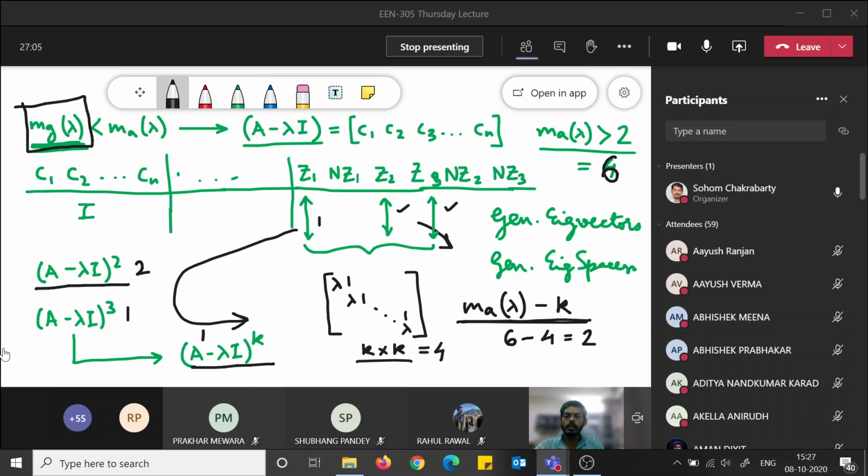However, if your ma lambda is, or let us reduce k, suppose your k is 3, in that case the remaining size is 3 and you have two blocks, and this is also fine, one should be 1 and another should be 2.